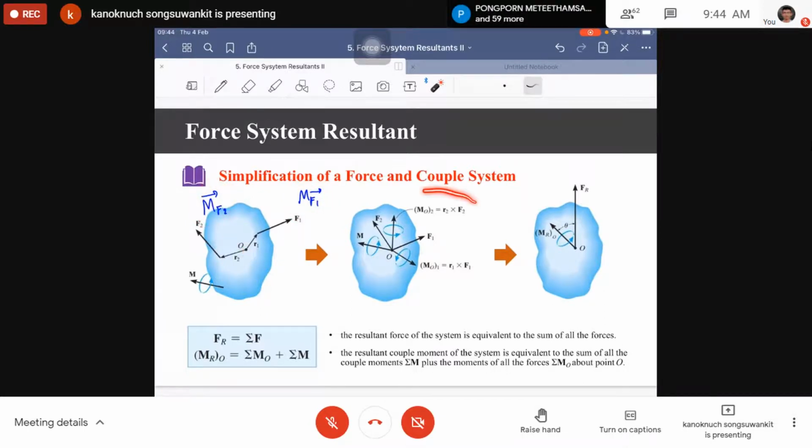So we have this equivalent system where the forces F1 and F2 start at the origin point O. And then we can find the resultant system where sigma FR, the resultant force, equals sigma F, and MRO, the resultant moment, equals all the couple moments on this system.